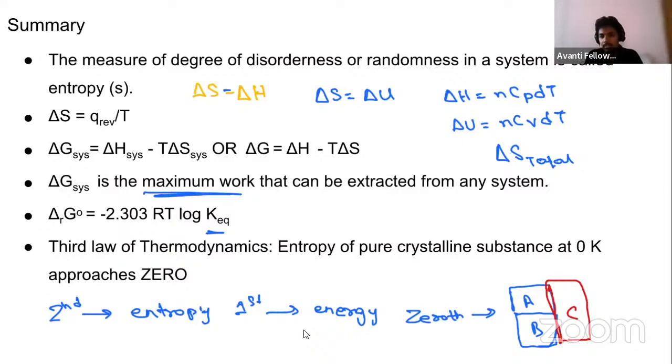Simple. So if three systems are there and two systems are in equilibrium with the third, that means all the systems are in equilibrium. That is the only concept of the zeroth law.